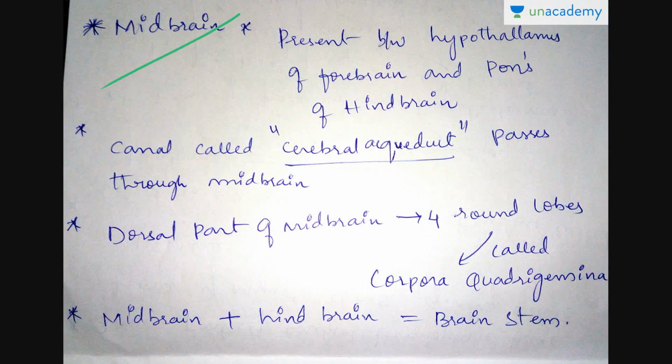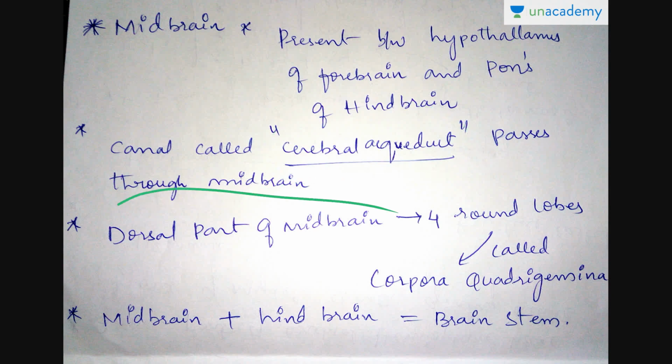Coming to the midbrain, this midbrain is present between hypothalamus of the forebrain and pons of hindbrain. A canal called cerebral aqueduct passes through the midbrain.